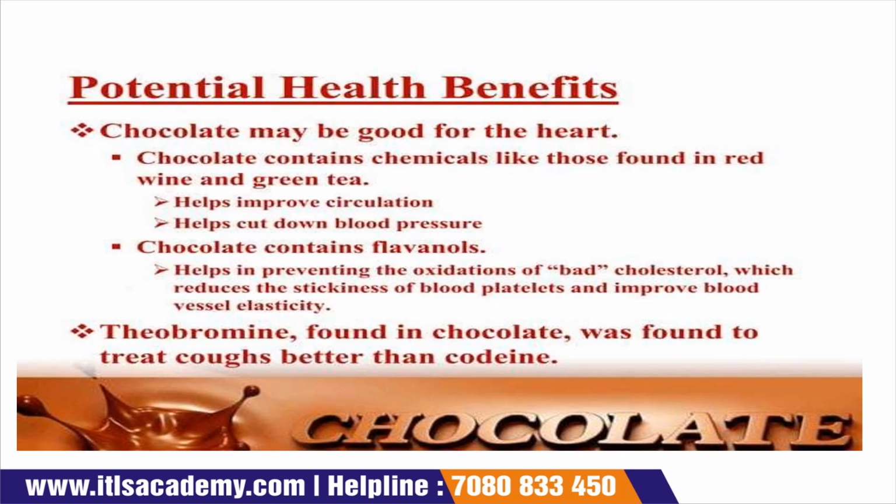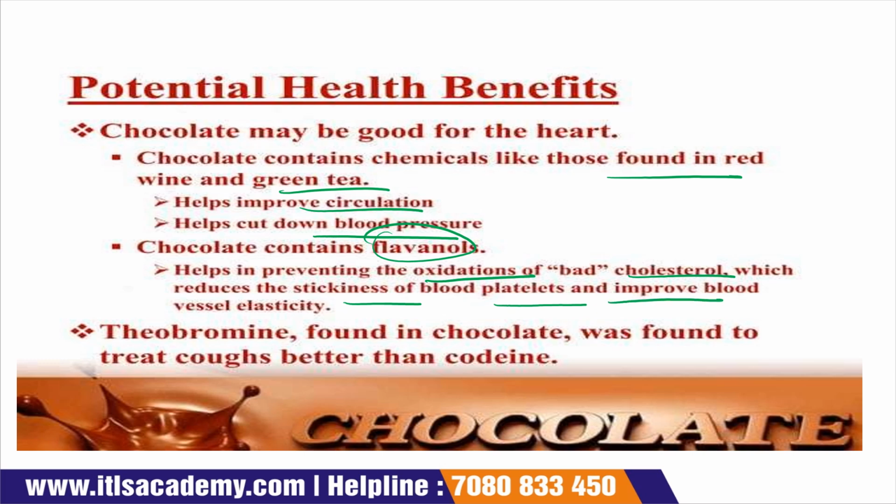Now there are some health benefits of chocolate. Chocolate is very good for the heart, because it contains a chemical which is found in red wine and green tea. It improves circulation and cuts down blood pressure. Chocolate also contains a flavonoid which helps in preventing the oxidation of bad cholesterol, which reduces the stickiness of platelets, and it improves blood vessel elasticity.